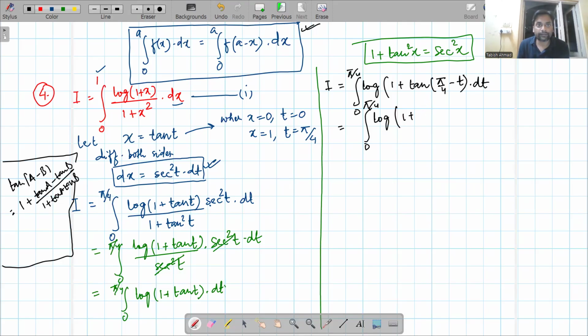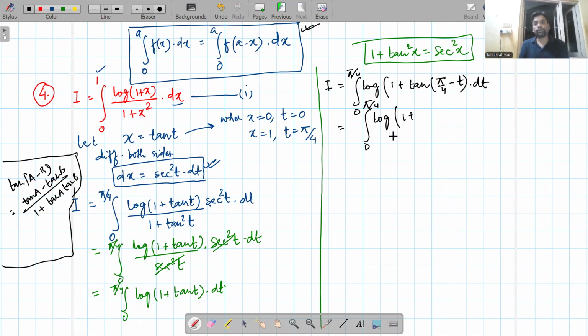So you actually see here there is a mistake in this formula, and I am telling you that whenever you have tan(A minus B), that will be tan A minus tan B over 1 plus tan A tan B.